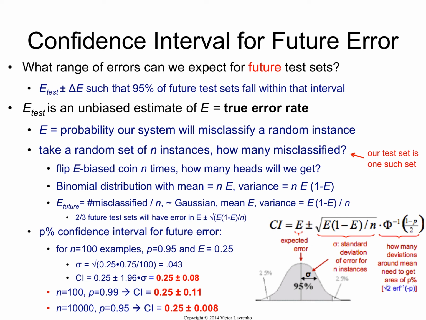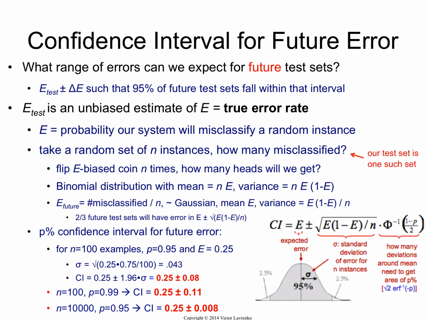So that's the mean of the Gaussian, so it's going to be around 25%. The standard deviation is 0.043, and the way I'm computing it is I'm just taking E, which is 0.25, times 1 minus E, 0.75, divided by N, which is the total number of entries in the test set, taking the square root of that, and I get 0.043.